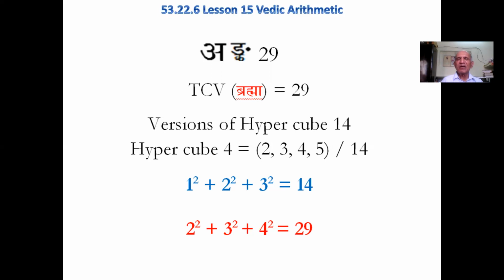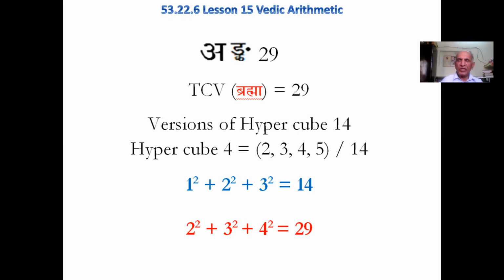that Brahma is the presiding deity of a 4 space, and Brahma formulation is of TC value 29. See, 29 are the versions of hypercube 14. Therefore, 14 itself is summation value of 4 fourths of hypercube 4. So in a way, we are sequentially but silently transiting from 4 space to 14 space.